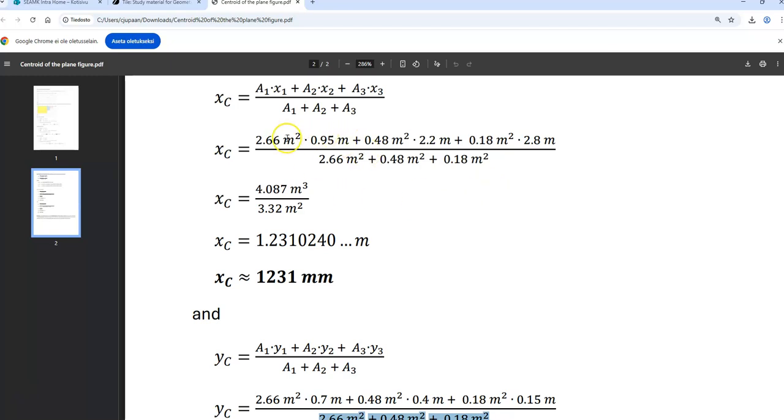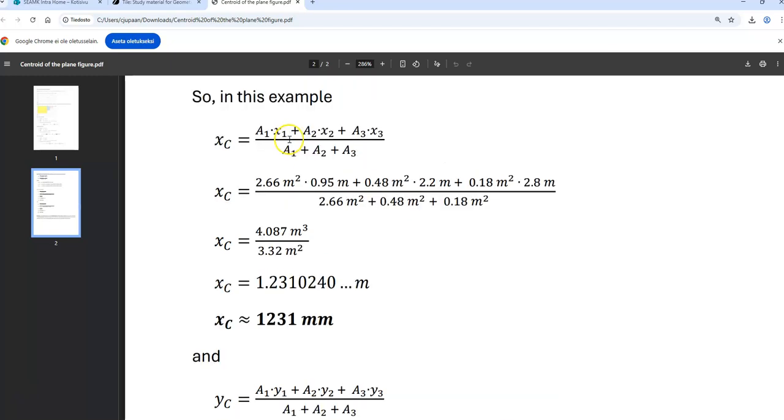So here we can see that in the top part of the division there are multiplications where area is multiplied by length, or if we use dimensions or units, square meters are multiplied by meters.